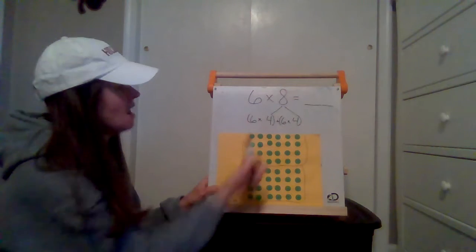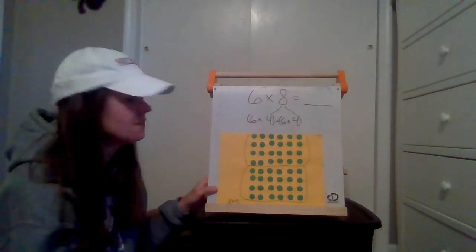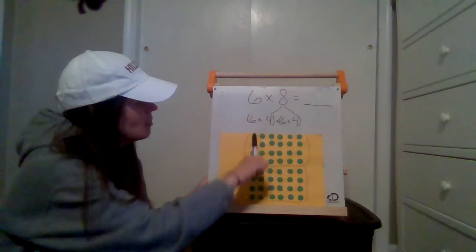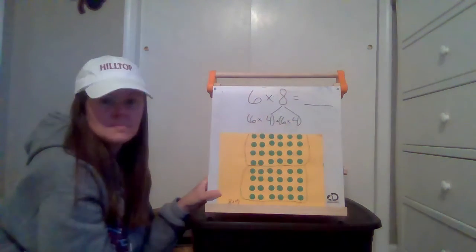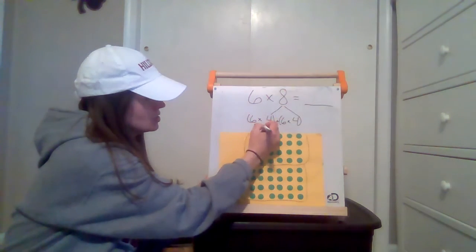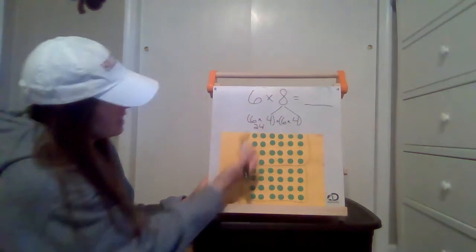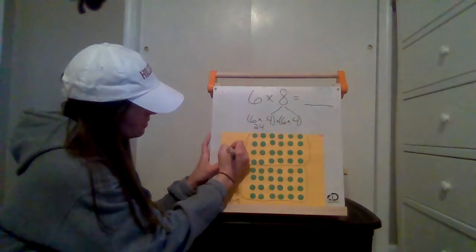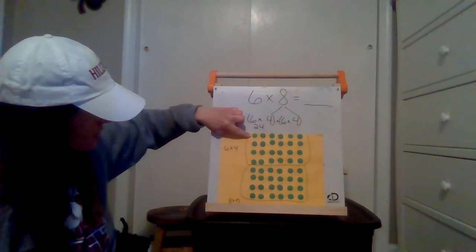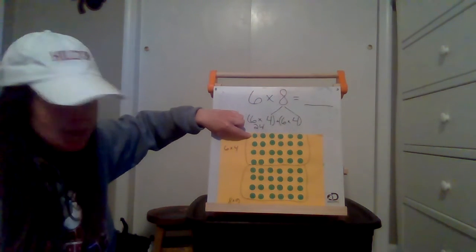So now I need to solve my 2 multiplication facts here. So 6 times 4, I know I can double my double. So 6 plus 6 is 12, and then 12 plus 12 is 24. And I'm just going to come down here to make sure that my product's correct. So I have 6 times 4 here, or 6 groups of 4. I'm going to skip count by 6.